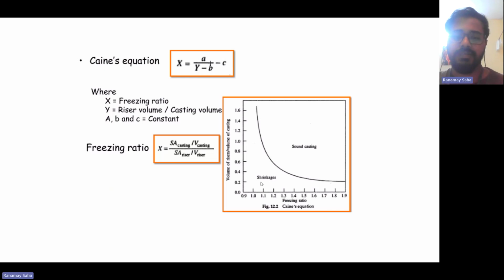You're designing a riser, so the riser dimensions should lie beyond this curve, otherwise you get shrinkage. If the value lies below the curve, shrinkage occurs, so the riser volume must be increased to cover it.